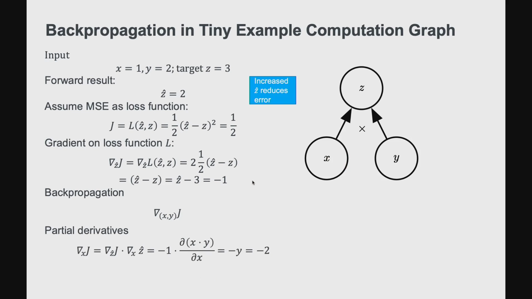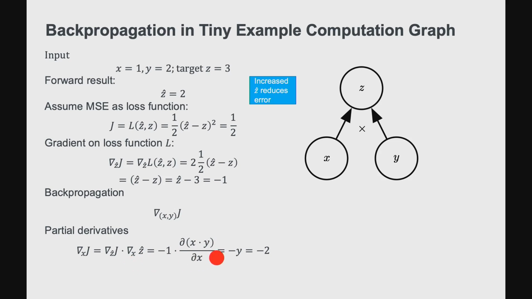And the gradient in direction of x and y requires the partial derivatives: first in the direction of z hat, and then the partial derivative of z hat in x, and then you compute this.